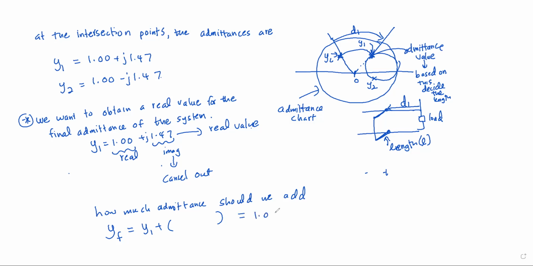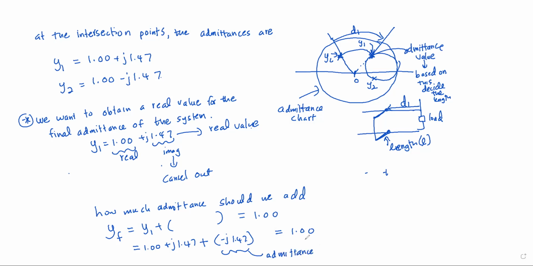This should be 1.0. That's all. Is it difficult? It's just mathematics, right? 1.47 plus, I need to add something, and it should give 1.00. What is the value I should add here? Minus 1.47, right? This is the admittance value I need to add.